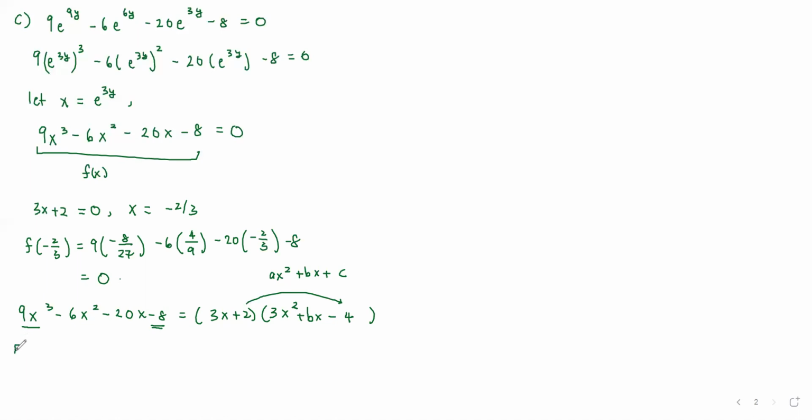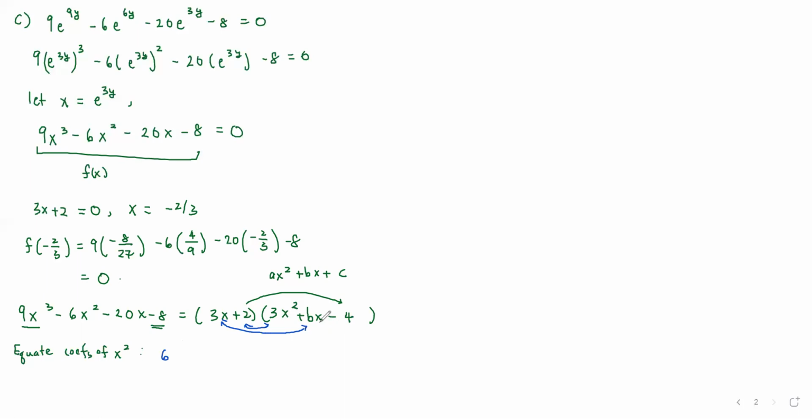But what we could do is we could always equate the coefficients of x squared. So to get an x squared term, we have this will give us an x squared term, and that 2 multiplied together gives us an x squared term. 2 times 3x squared is a 6.